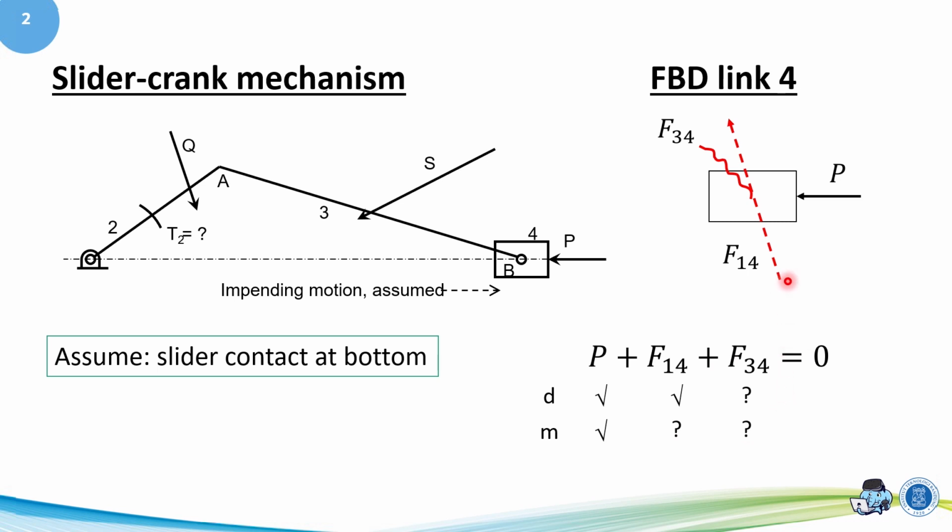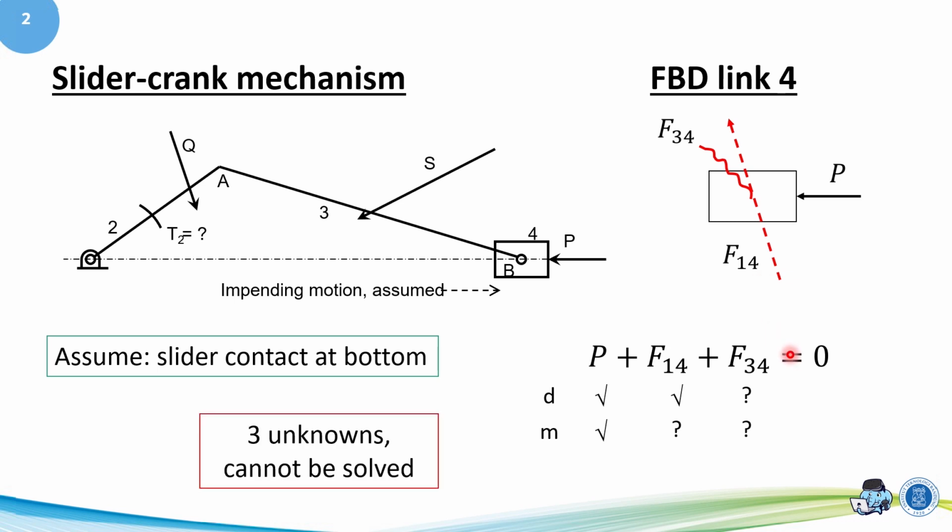We know the direction of F14 because we know the friction coefficient of the slider, so we can know the pressure angle. As you can see, there are three unknowns: the magnitude of F14 and the direction and the magnitude of F34. Because there are three unknowns and we only have two equations, we cannot solve this problem.